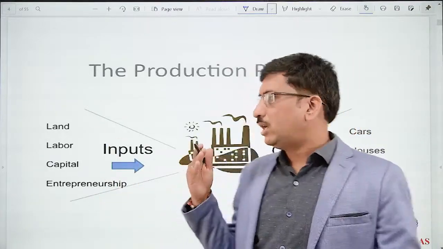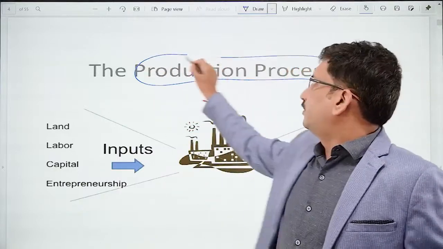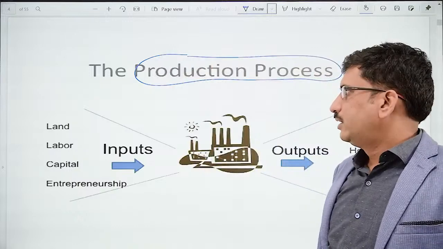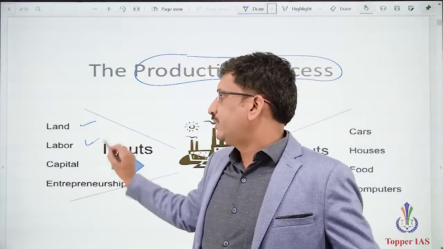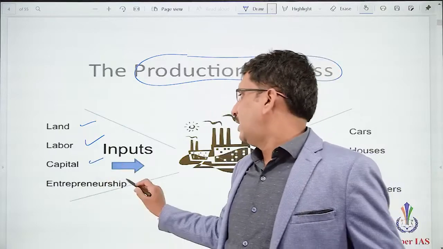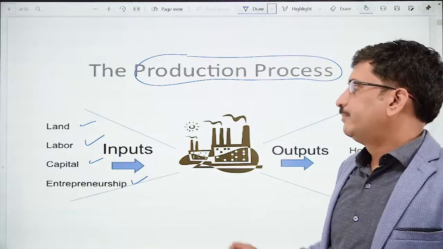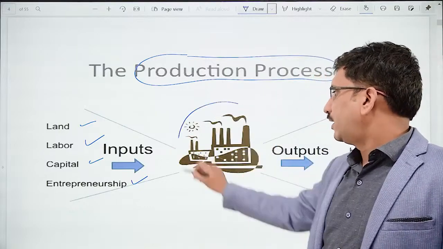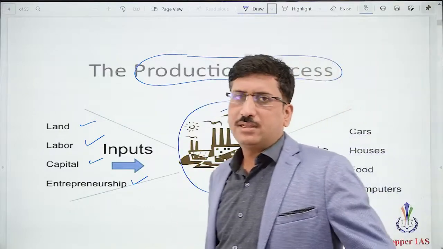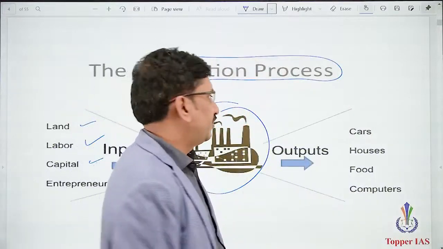Then, how will we become rich? Mainly through the production process. I have land. I have labor to work. I have money to invest. I have skill to do some business. If these inputs are rightly used in an industry, then we can produce output.